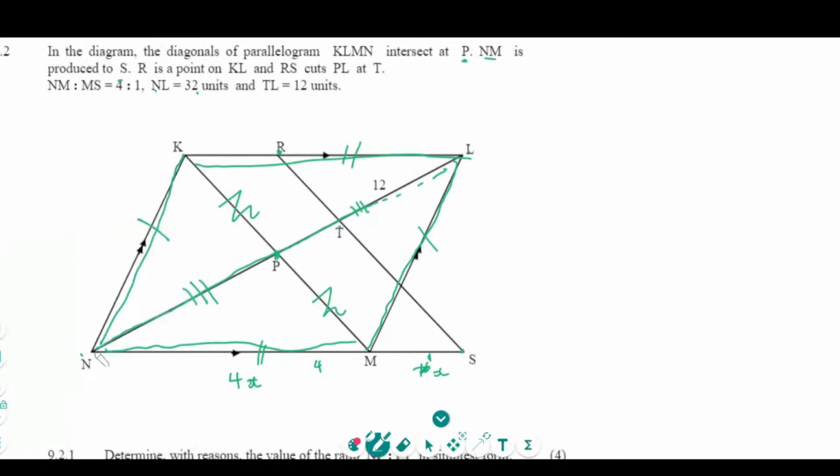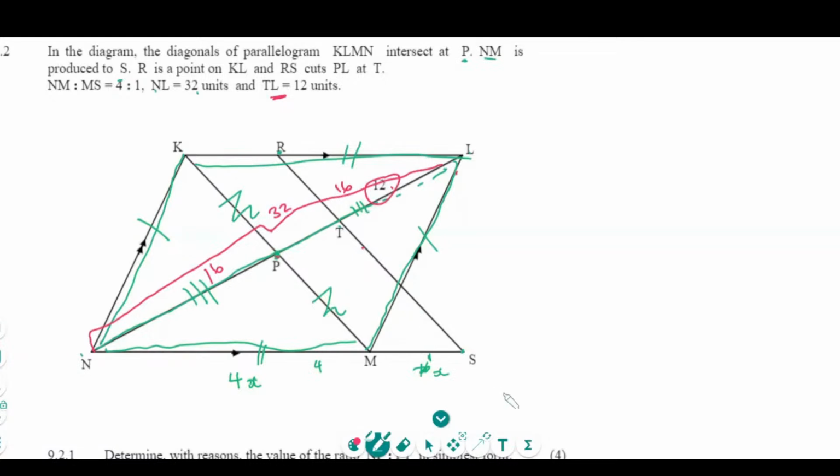They're telling us that from here up to there, we have 32 units. What does that mean? Diagonals bisect each other. So this is a 16, and then the whole of that is also going to be a 16. Then TL is 12. So from there up to there is 12, which we have.